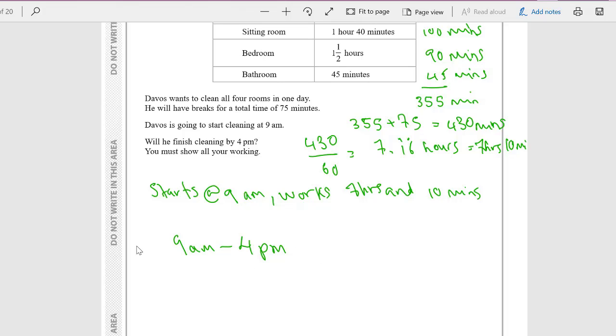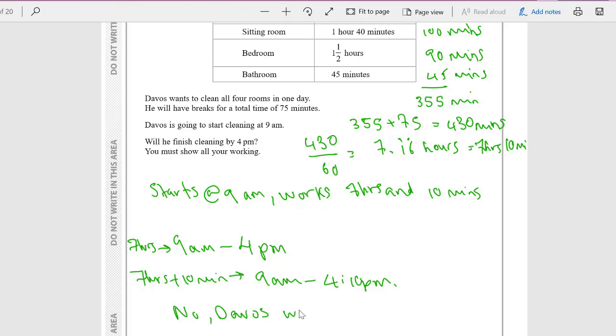So 7 hours plus 10 minutes means 9 a.m. till 4:10 p.m. So no, Davos will not finish by 4 p.m. Sorry, Davos.